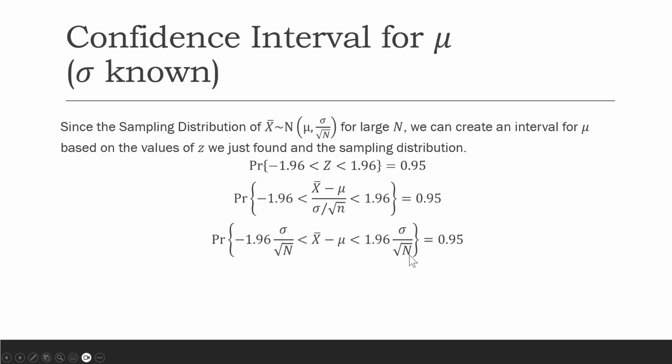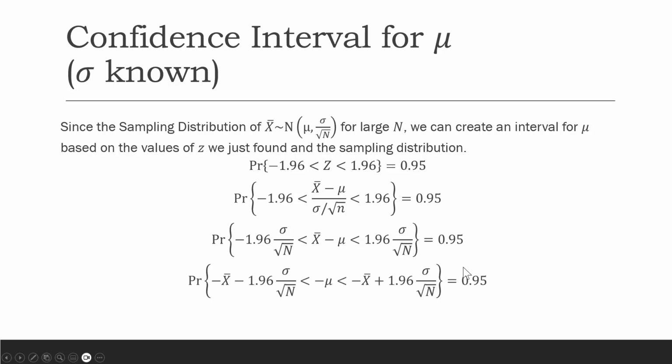Now remember, my goal is to solve for mu, but I have this positive x bar here. So I'm going to subtract x bar from each of these three pieces. So I'm going to have this piece minus x bar, this piece minus x bar, and this piece minus x bar. Now, I said minus x bar, but if we really think about math, it's the same thing as adding the negative, right?